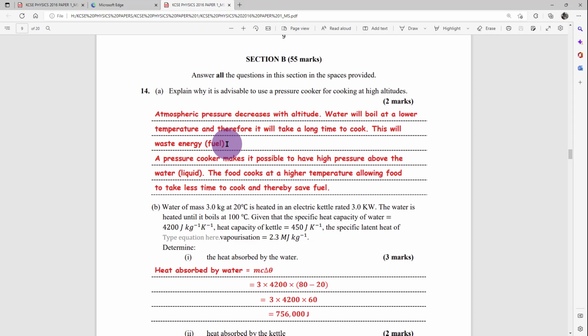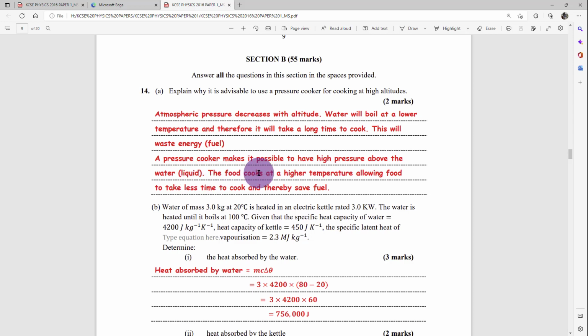So what do we do? We cover that container in order to increase the pressure of the air above the water or above whatever food that we are cooking. So a pressure cooker makes it possible to have high pressure above the water, and because we know that when we increase the pressure of the air above the liquid, that liquid will boil at a higher temperature.